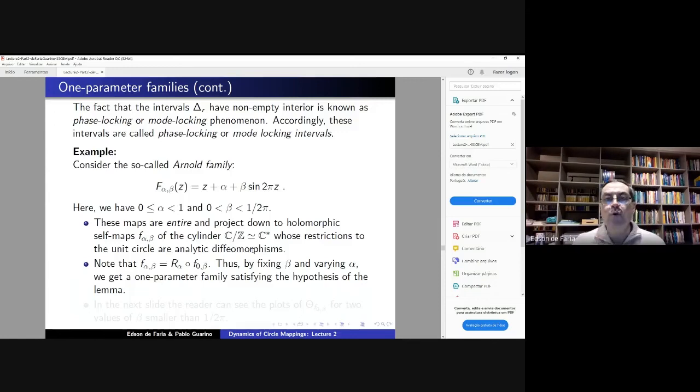So when you take the quotient on the cylinder, you get that these maps are R sub alpha composed with F sub 0 beta. So if you fix beta and vary alpha, you get one of these standard one-parameter families, and they satisfy the hypothesis of the lemma. These maps are not periodic maps. No power of them is equal to the identity.